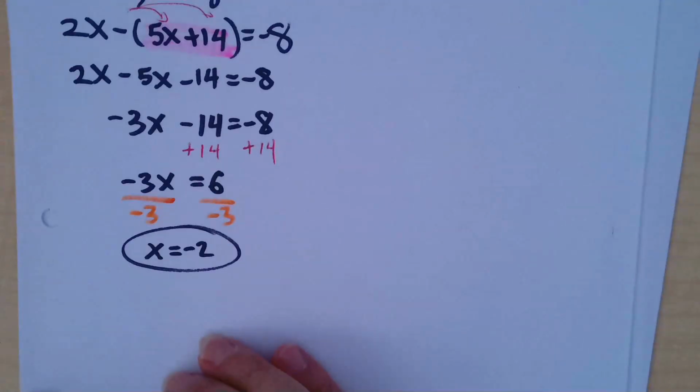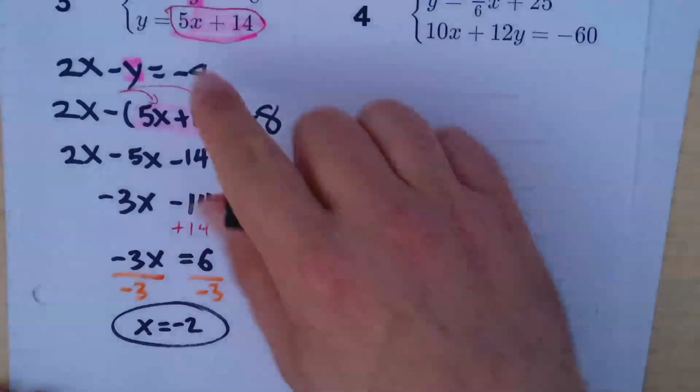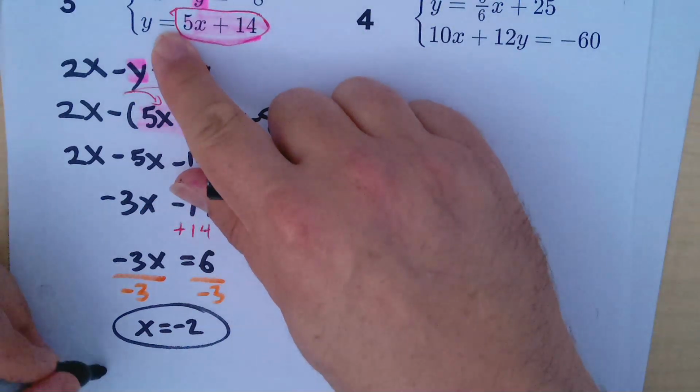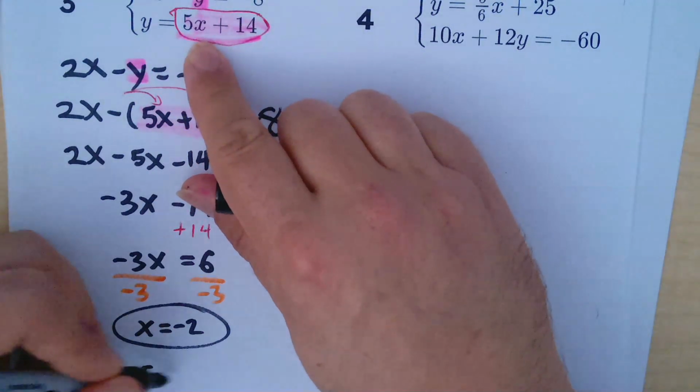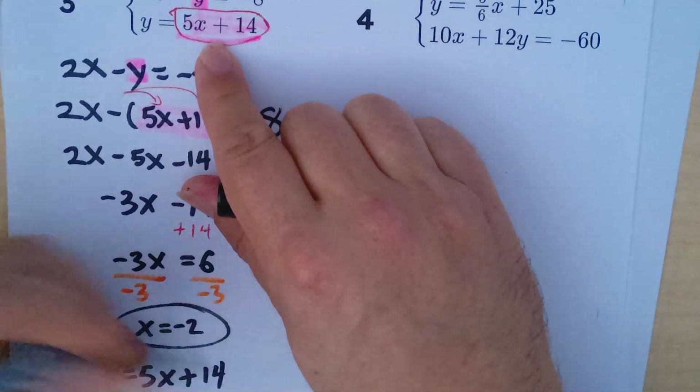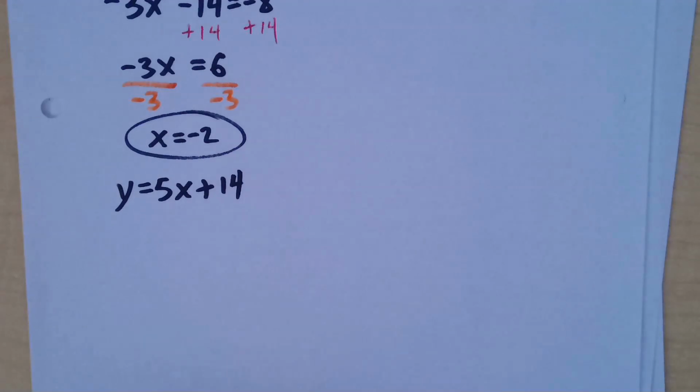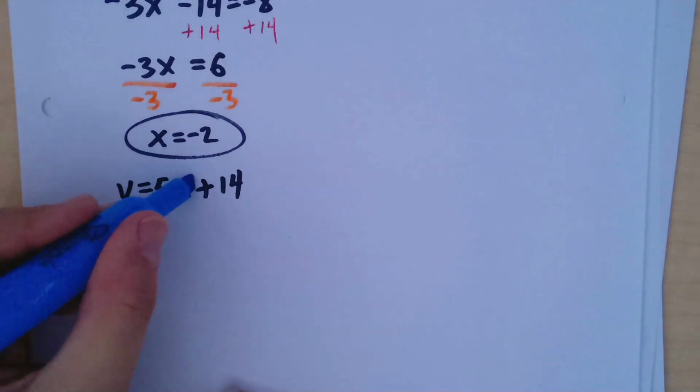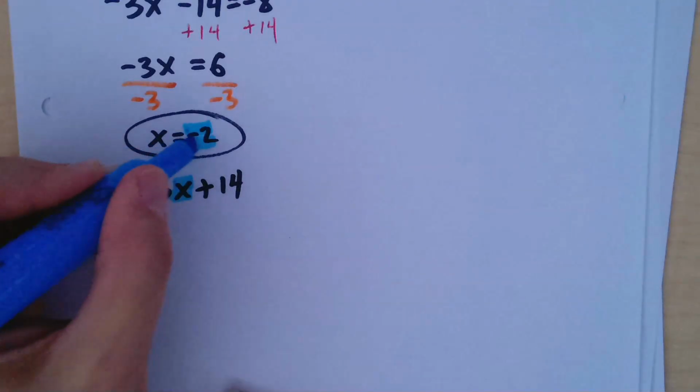Okay, and now I'm going to use this second equation here, y equals 5x plus 14. Remember, I said hit pause if you need more time. Okay, now I'm going to replace x with the negative 2.